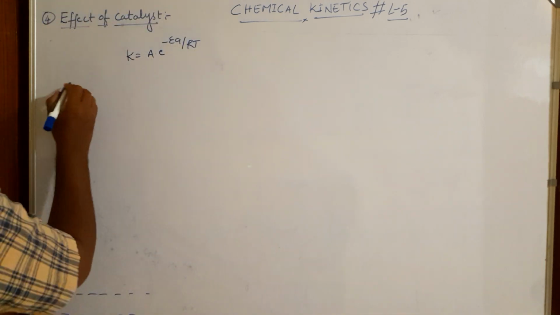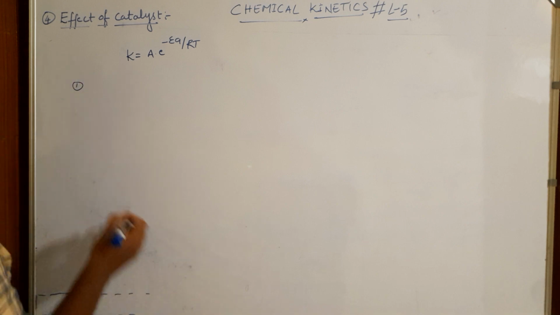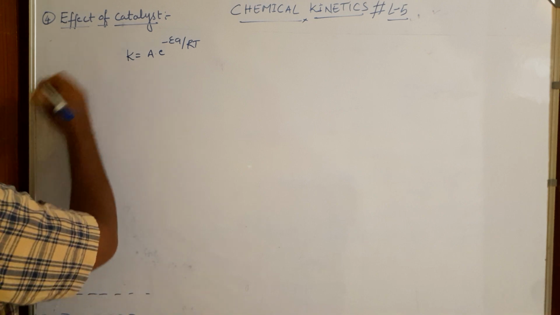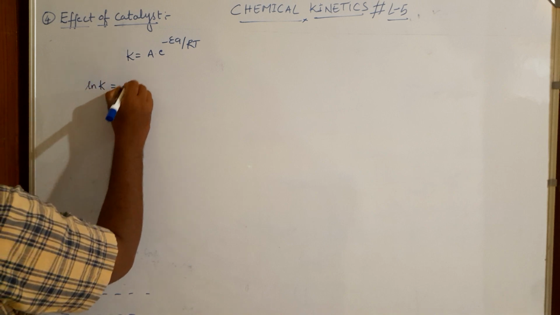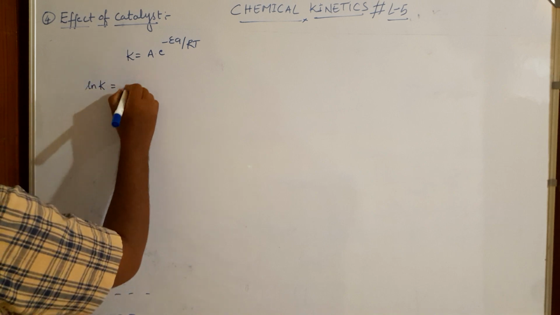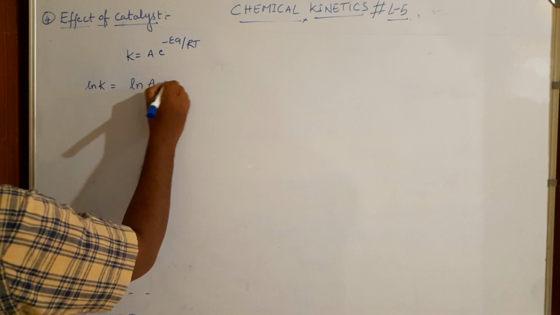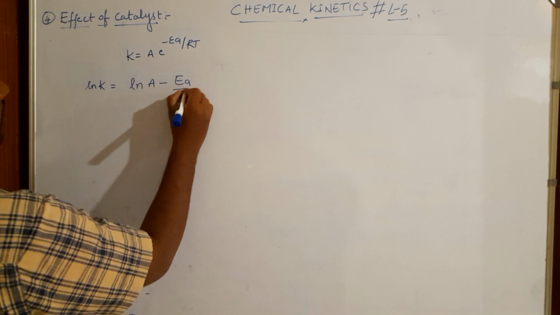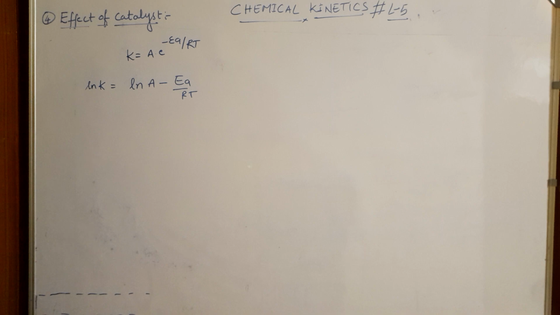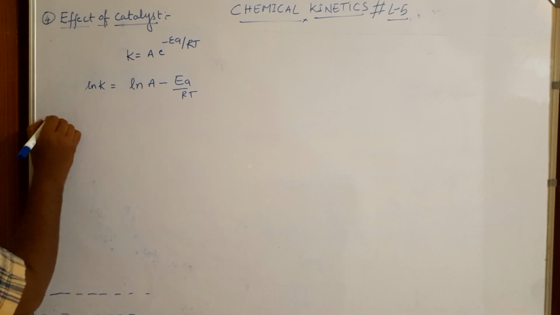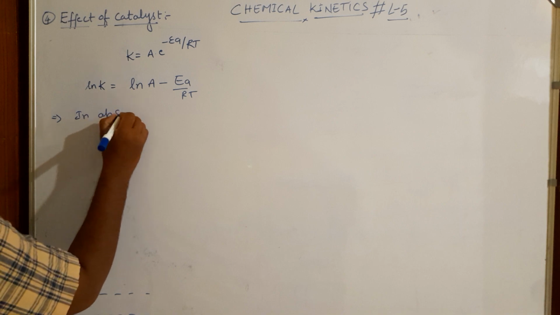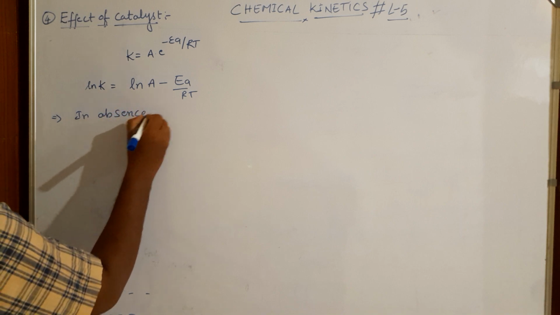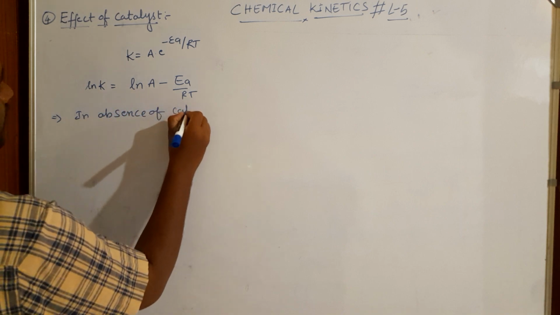So first, let us consider this Arrhenius equation. Let us write ln K is equal to ln A minus EA by RT. Now let us consider the absence of catalyst.